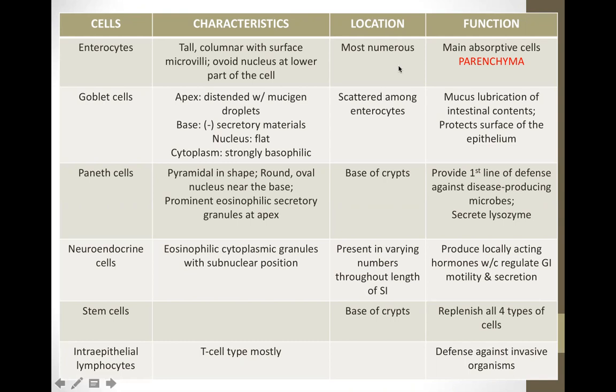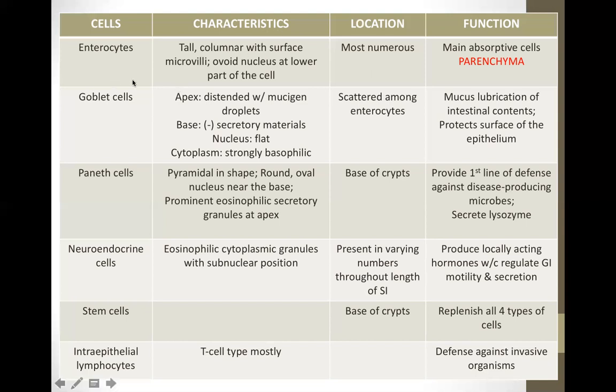Okay, but the most numerous, which is the parenchyma, is the enterocytes or the columnar cells. These are tall columnar cells with surface microvilli, and their function is for absorption. So if they are the main absorptive cells of the small intestine, they are the most numerous, obviously, and they are the parenchyma or the characteristic cells.